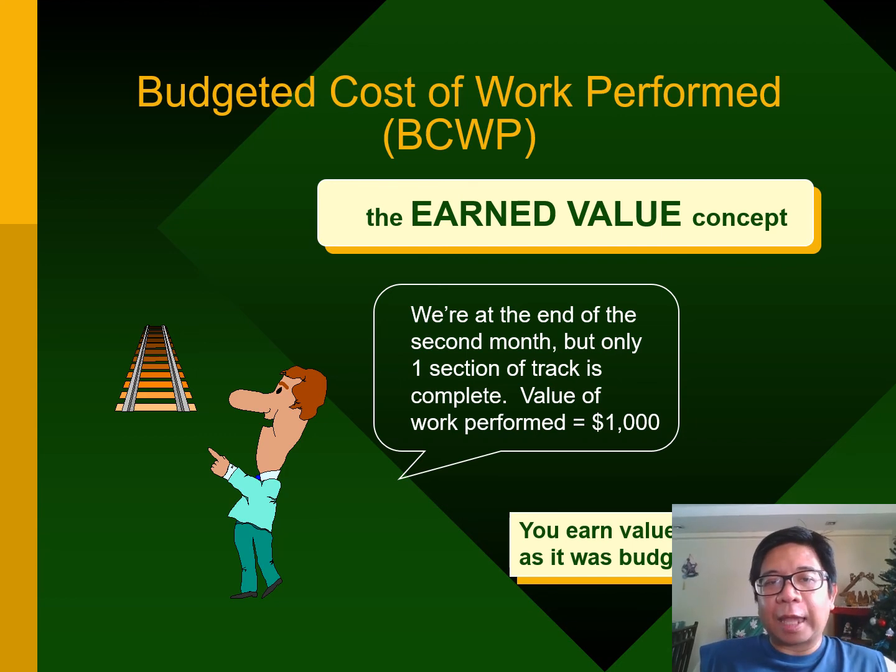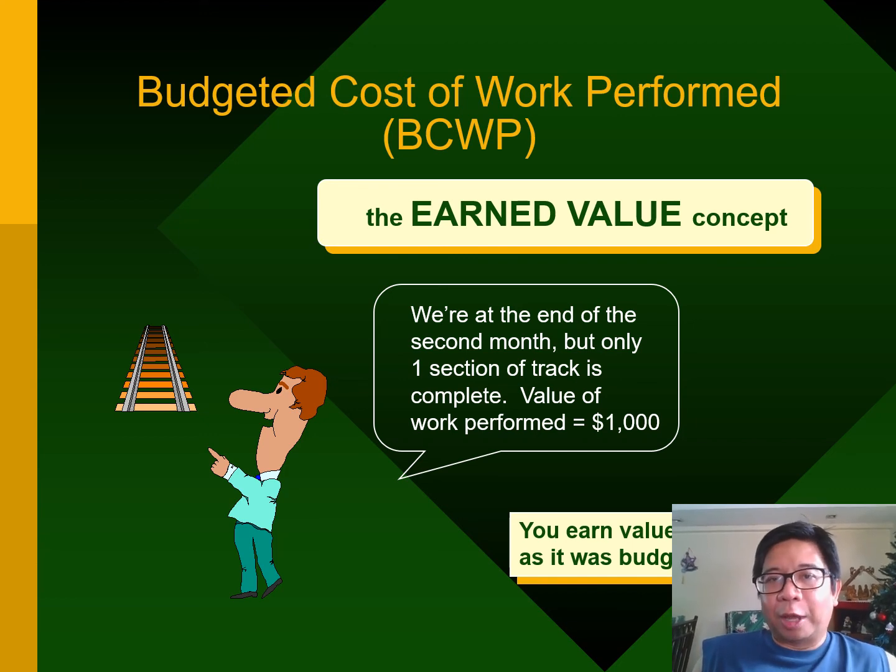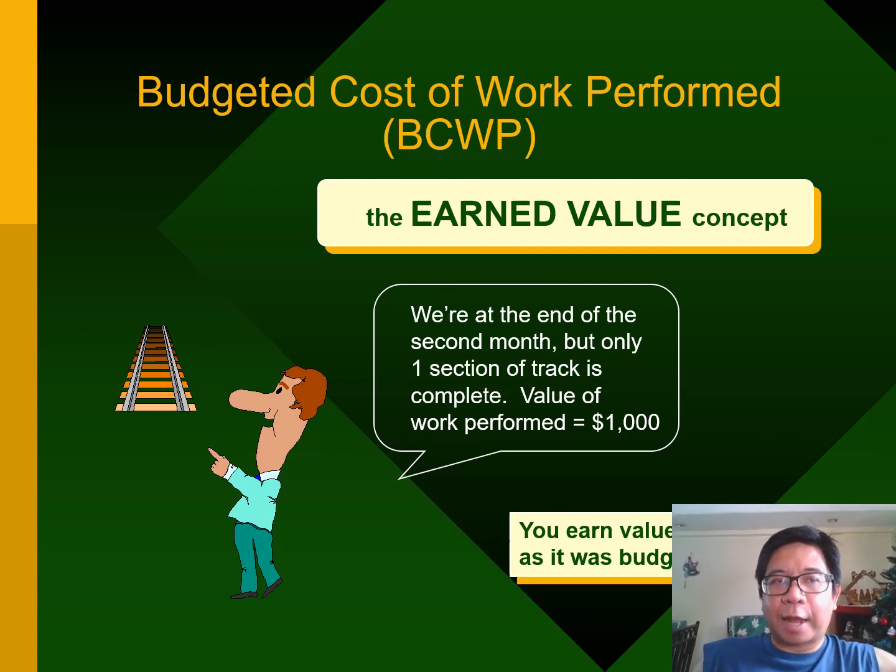This is just how much you planned to spend versus how much you actually did. So you did 1 mile of track. The budgeted cost of that 1 mile of track originally was $1,000. So you earned $1,000 for that 1 mile of track.